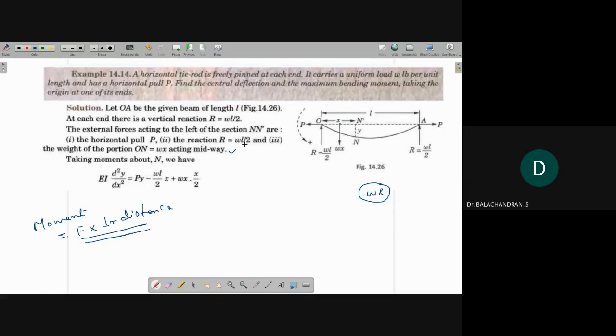Similarly, next, reaction R equal to WL by 2. I told that already. Reaction is opposite to the bending moment, that's why there is a negative sign, minus.